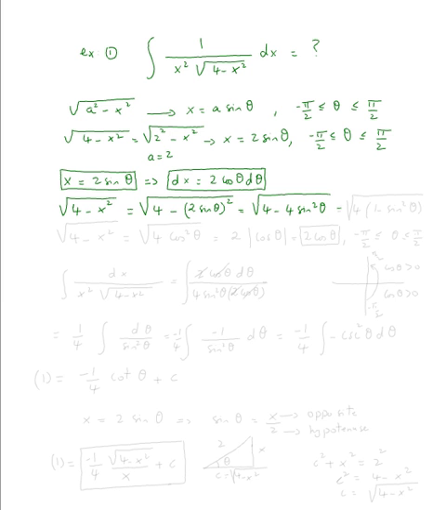Now we factor the 4, and we get 4 times square root of 1 minus sine squared theta. We use the identity cosine squared plus sine squared equal 1, so 1 minus sine squared is cosine squared theta, which is equal to the absolute value of cosine theta.